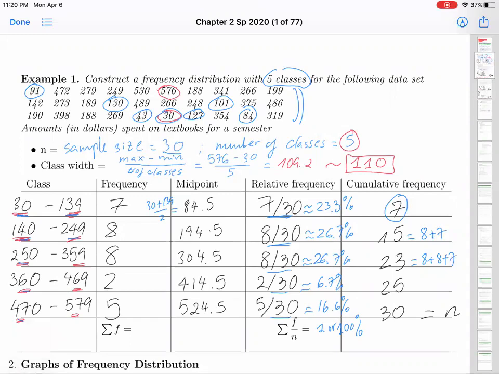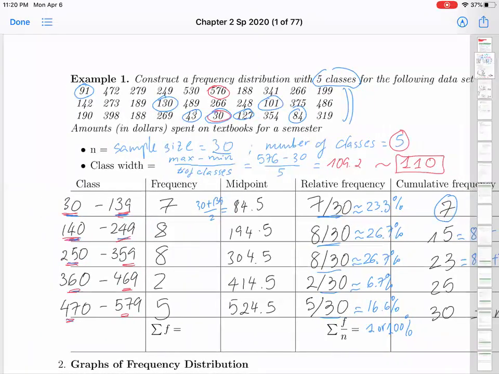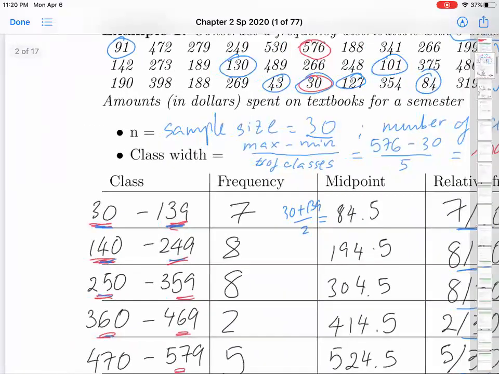All right, in this table, we're missing class boundaries. So let's try to find class boundaries. Again, class boundaries are values that separate two classes without forming any gap in between them, right?